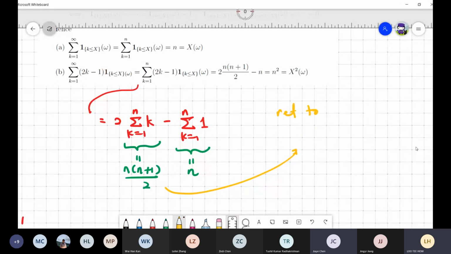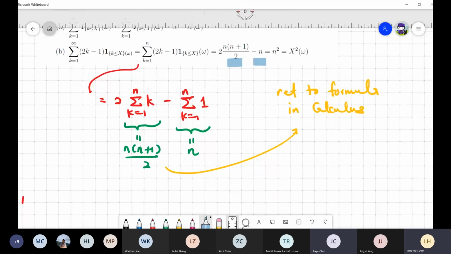Maybe you can just refer to a formula in calculus. I think you should have seen this before. Taking the summation, this will be n times n plus 1 over 2. This is how we get these terms. If you are able to get to this step, you should be able to get the answer. Again, the left-hand side and right-hand side are identical, so we claim the formula is true. So this is for our question 1.